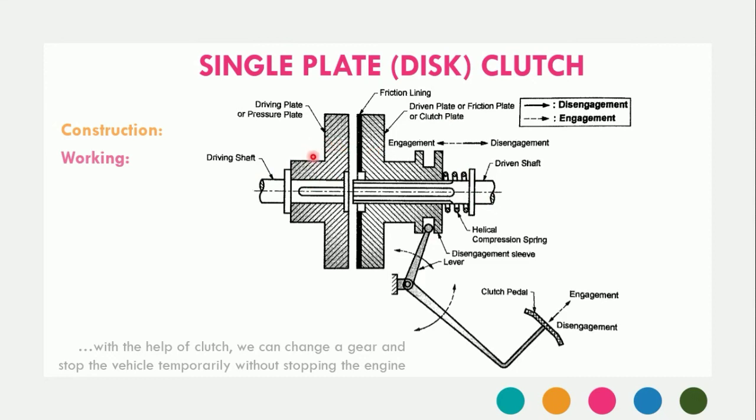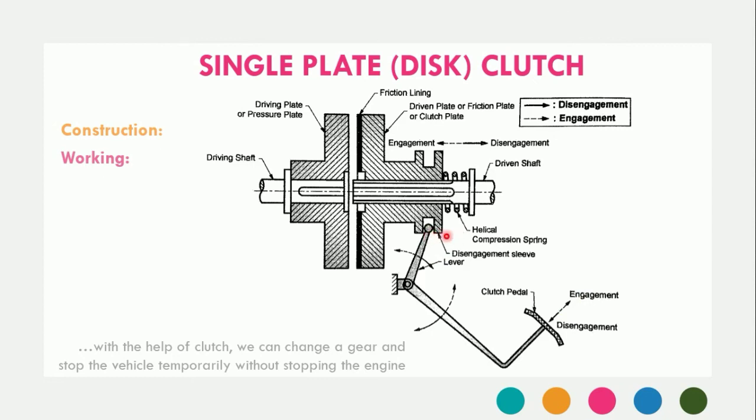Now in order to disengage the clutch, we just press the clutch pedal. Pressing the clutch pedal displaces the lever, and ultimately the disengagement sleeve moves to the right side.